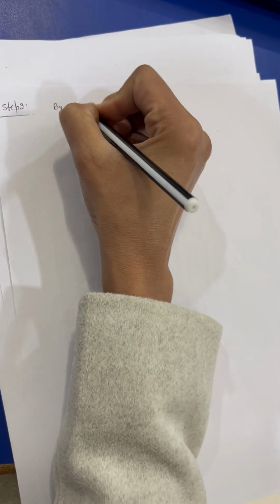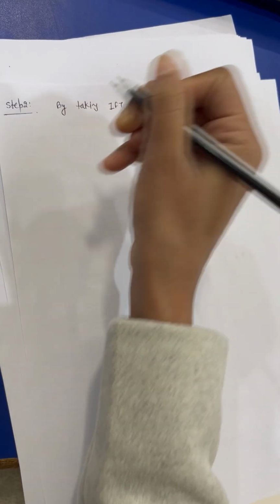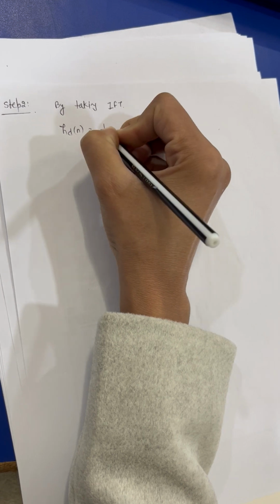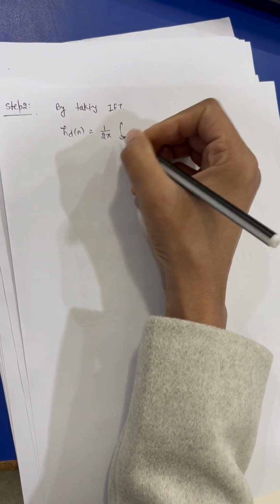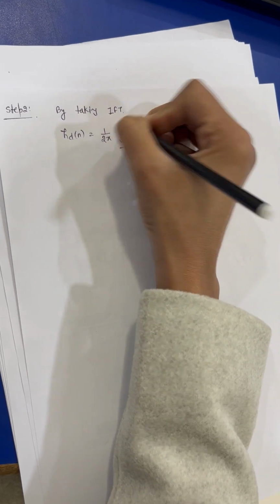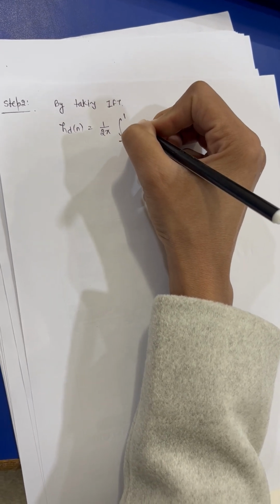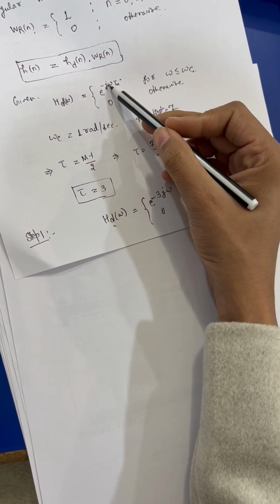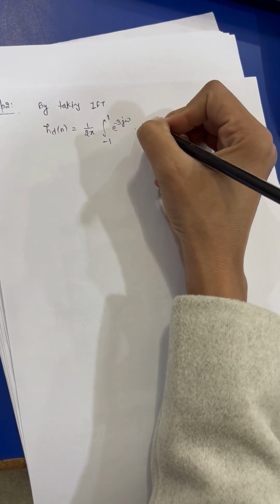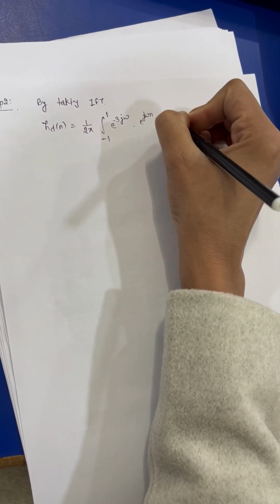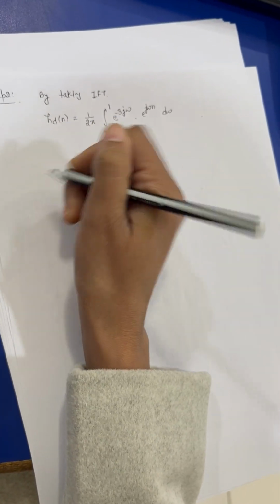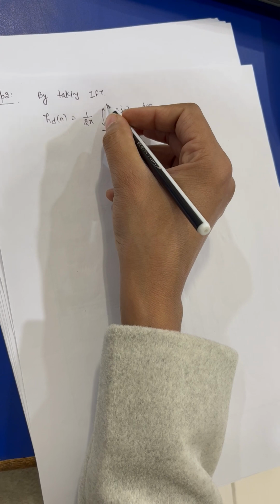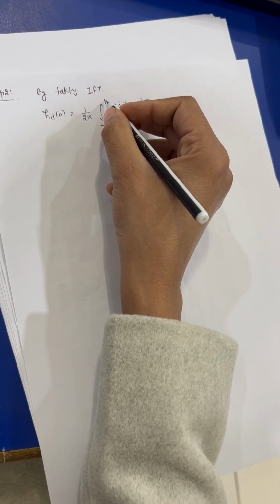We write by taking the inverse Fourier transform using the formula h_d(n) equal to 1 upon 2π, with limits going from minus 1 to plus 1, putting the value of H_d(ω), that is e to the power minus 3jω, where 3 is the value of τ, into e to the power jωn dω. Minus 1 to plus 1 is the range of the cutoff frequency ω_c mentioned in the question.